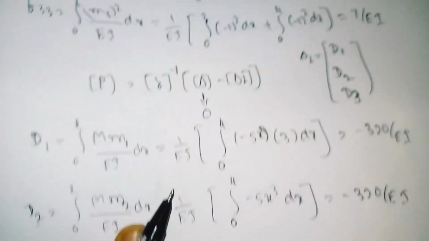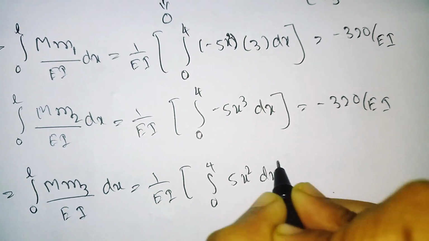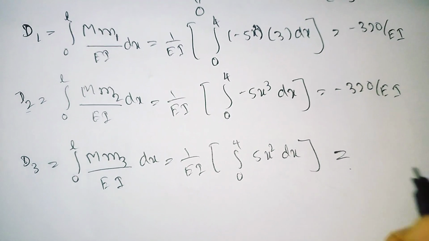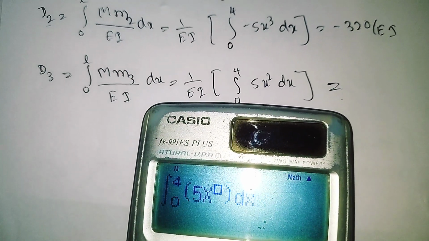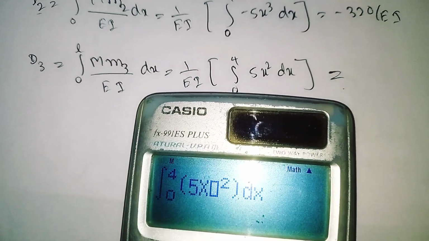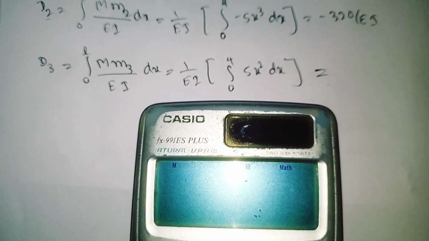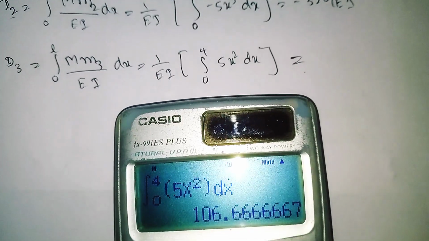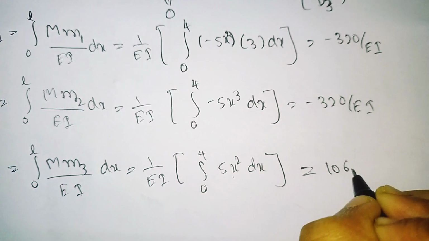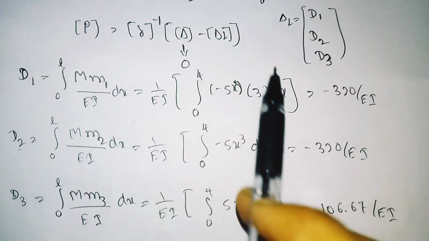So integration of 0 to 4 of 5x square dx. Now solve it. Our D3 value will come out as 106.67 divided by EI. So now we have the DL displacement matrix.